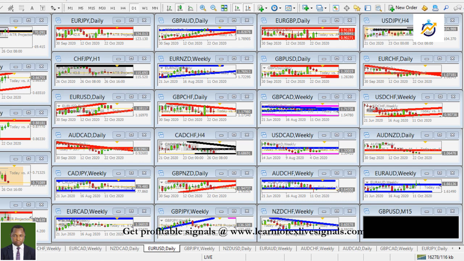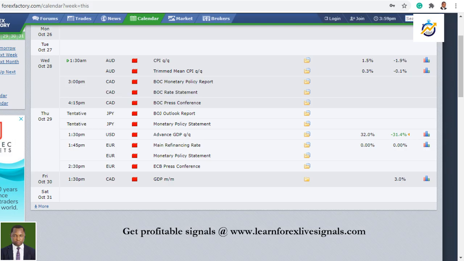First, let's look into the Forex Factory economic calendar to see those high impact news announcements that are waiting for us this trading week. The first is high impact news from Wednesday, the 28th of October. We have interest rate announcements from the Canadian dollar axis and the euro axis.